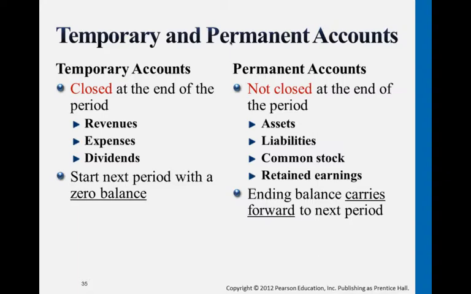Meaning if on December 31st there's $5,000 left in cash for 2012, then on January 1st, 2013, you start from $5,000. Whatever balance you see at the last day of 2012 would be the balance you see at the beginning of 2013. This is what it means by ending balance carries forward to the following period.